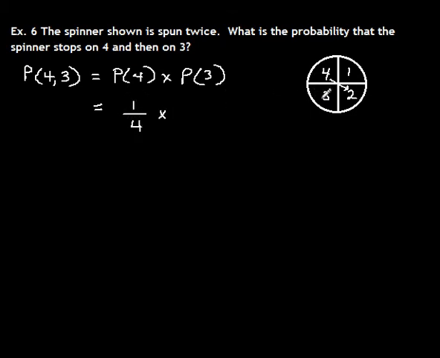The 3, there's only 1 three, so 1 out of 4 possible outcomes. And again, we get 1/16. Here's the probability of spinning a 4 and then a 3, 1 out of every 16 times. That wasn't too bad. Alright, that's it for lesson 70.